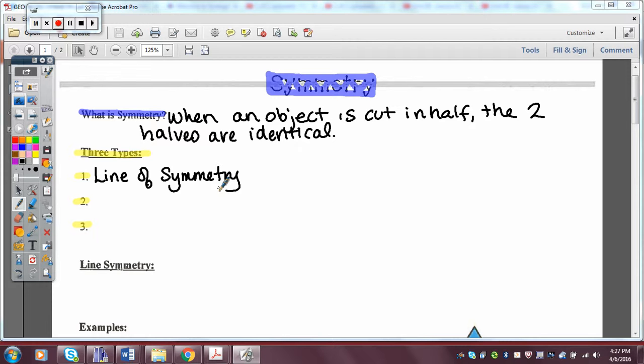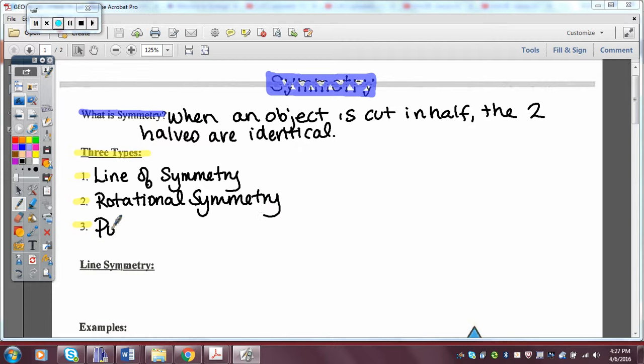Okay. Rotational symmetry is when I rotate my picture, is it ever going to make the exact same picture shown when I spin it around its center? Okay?